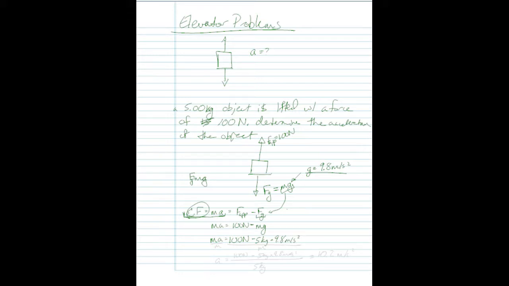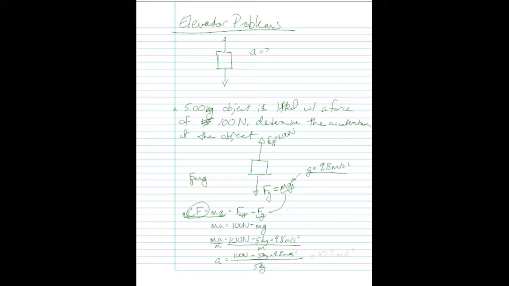Then I can divide the whole equation by m of 5 kilograms, and I get a equals 100 newtons minus 5 kilograms times 9.8 meters per second squared, all divided by 5 kilograms.